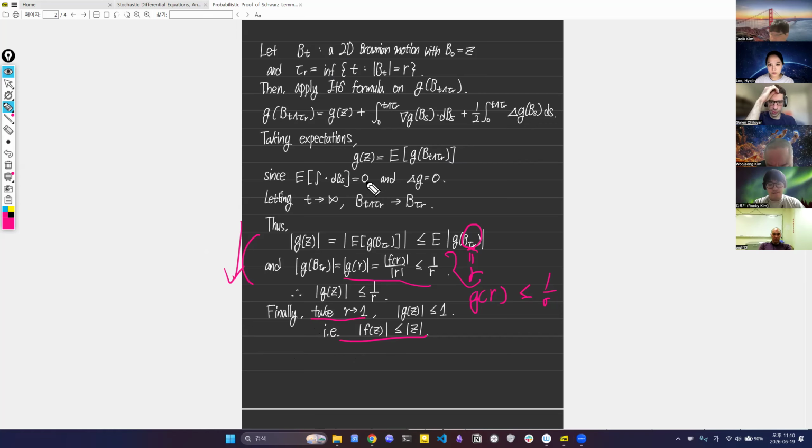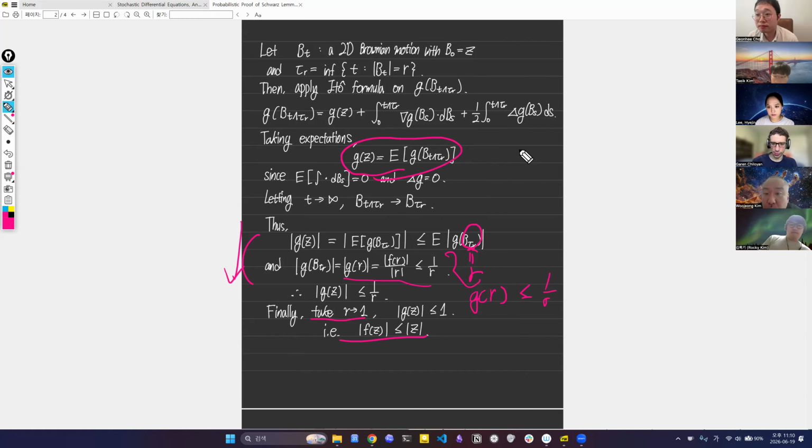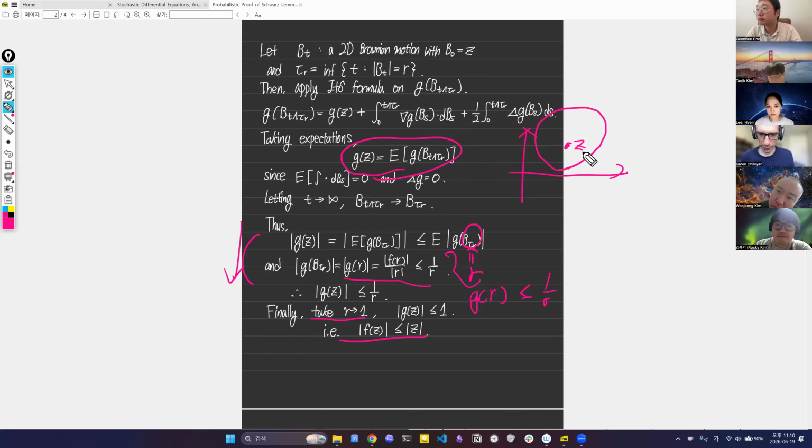The key point of this route is this. Let's think about it like this. g is here, and we set the boundary like this, a circle centered at g, and we build a 2D Brownian motion with the starting point g.